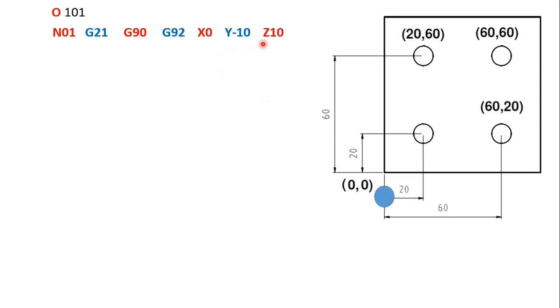Z10 means 10 millimeter above the workpiece. So let's first start the part. N02, G00 is rapid motion. Rapidly it will move to position x20 and y20. Where is x20 and y20? It is here.